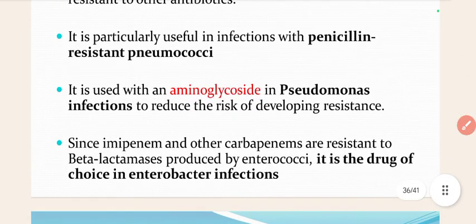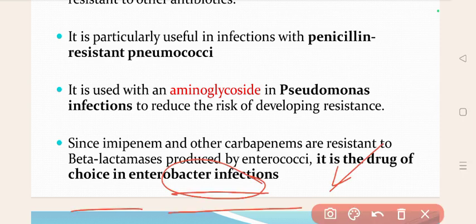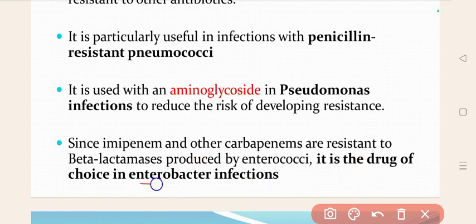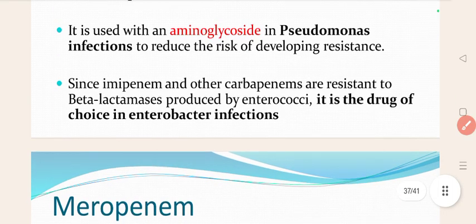Since imipenem and other carbapenems are resistant to the beta-lactamases produced by Enterobacter, it is the drug of choice for Enterobacter infection.